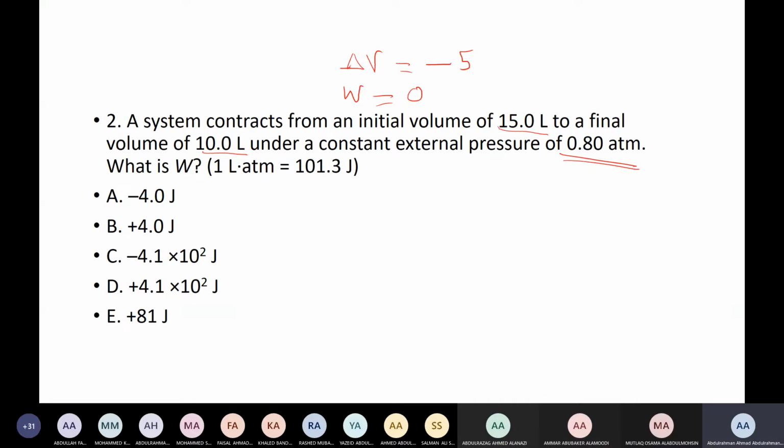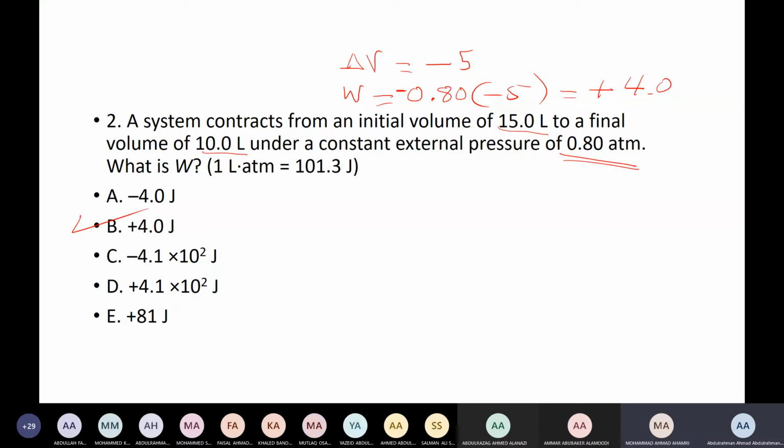The work is what? Minus P, 0.80 times delta V, minus 5, which is equal to what? Plus 4.0. So in this case the pressure is minus.